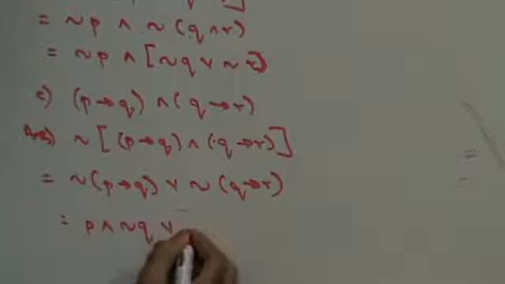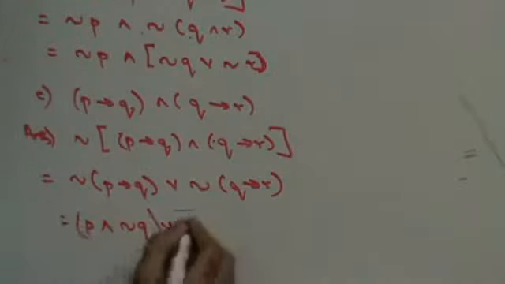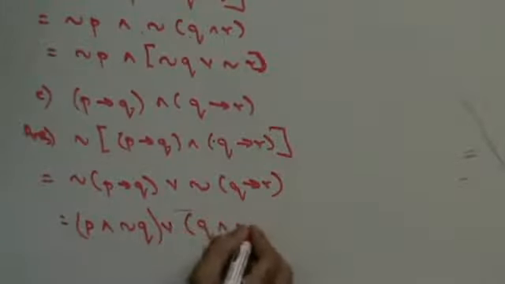For implication, it is first condition and not second condition. So the answer will be: P and not Q, or Q and not R.